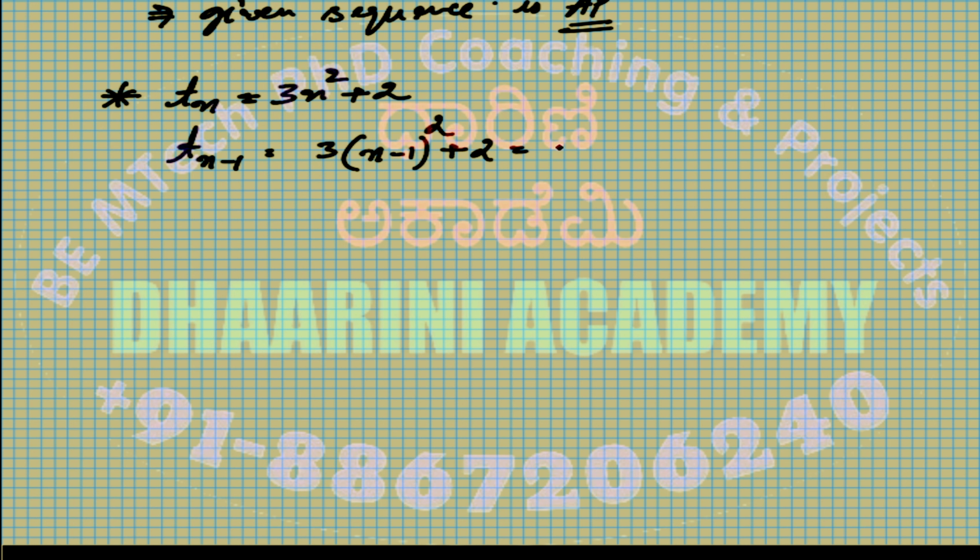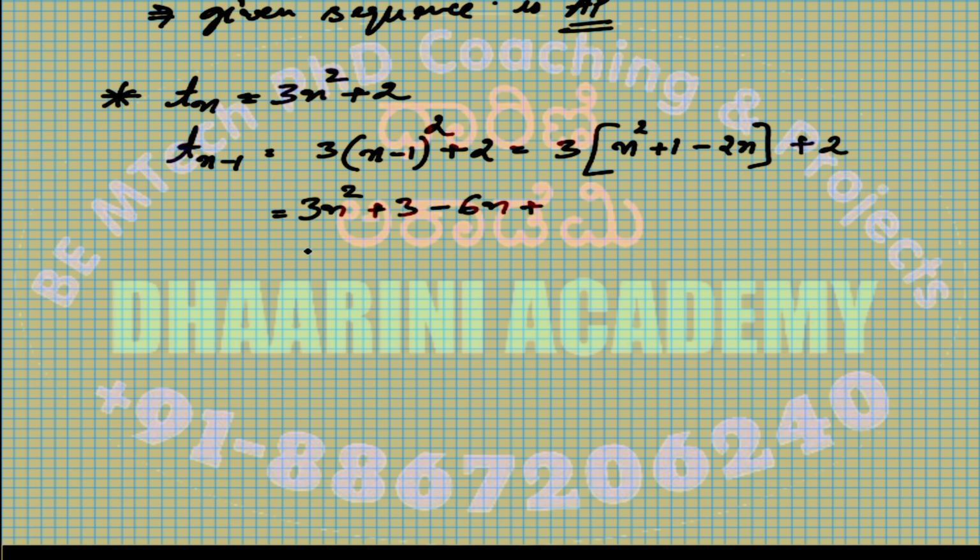Let us expand this. n minus 1 squared is n square plus 1 minus 2n, so 3n square plus 3 minus 6n plus 2. So Tn minus 1 is 3n square minus 6n plus 5.